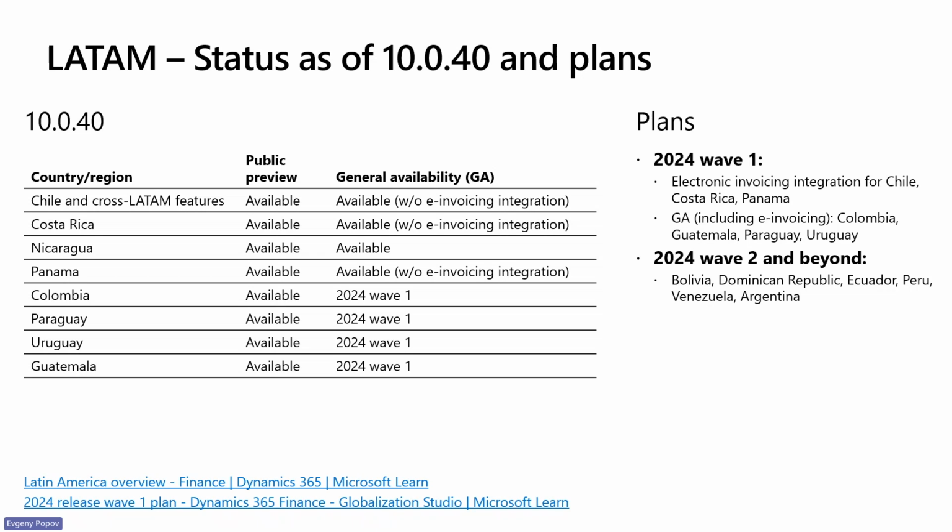I also need to note that for the first four countries, Chile, Costa Rica, Nicaragua, and Panama, we don't currently have electronic invoicing integration capabilities provided out of the box, but these will be provided shortly in this release wave for Chile, Costa Rica, and Panama, and obviously Nicaragua doesn't have electronic invoicing requirements currently.